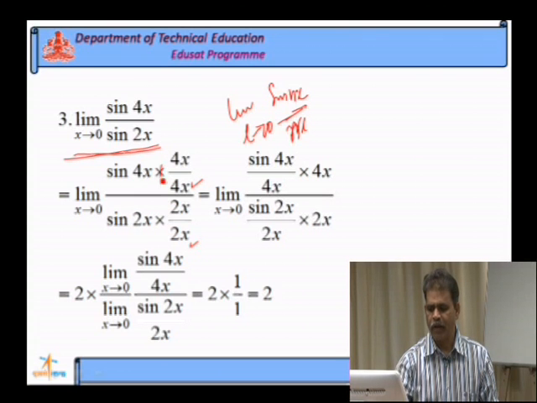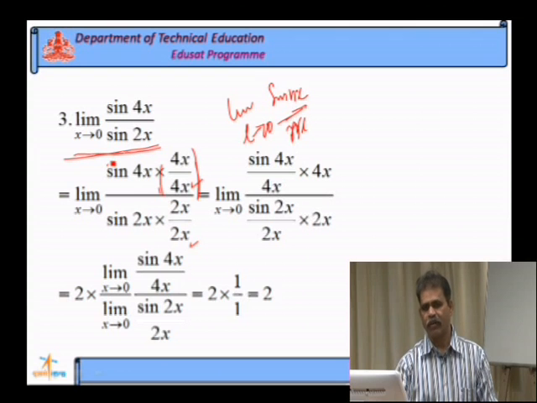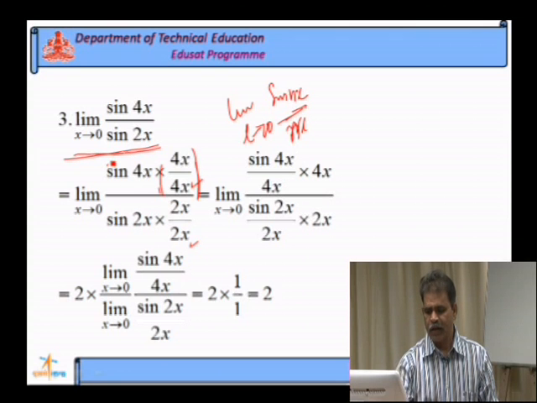Therefore, I will multiply and divide by 4x for the numerator term, that is for sin 4x. Similarly, for the denominator we have sin 2x, for that we have multiplied and divided by 2x. This 2x is taken here, sin 2x divided by 2x, sin 4x divided by 4x.